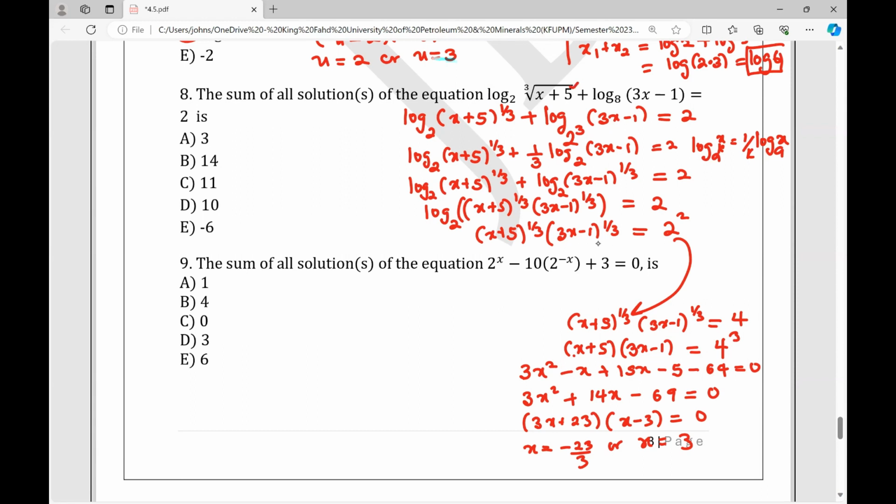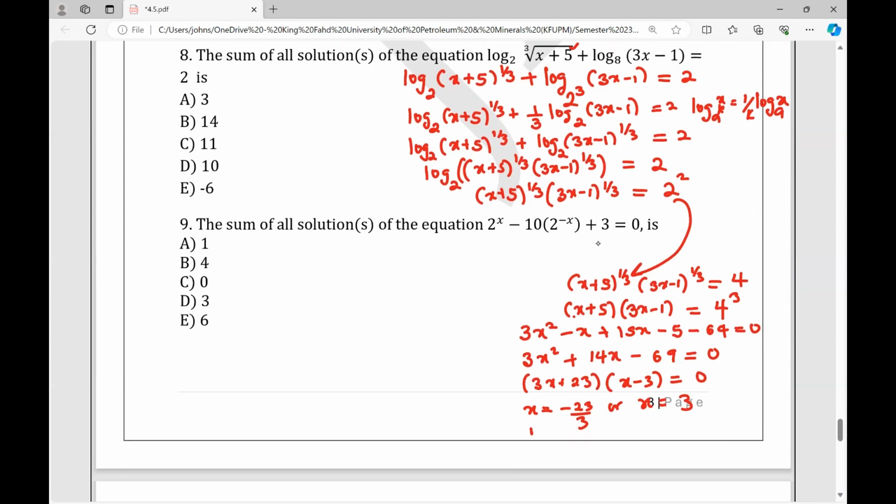You substitute 3 here, it's still going to be positive. But if you substitute minus 23 over 3 into this part here, you will have a problem because you have a negative number. So for that reason, we have to reject this one. So this is the only answer: x is equal to 3.